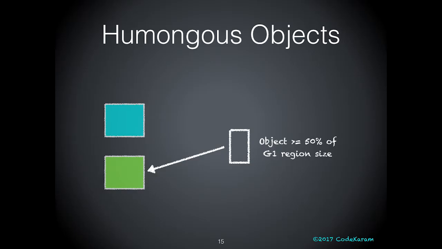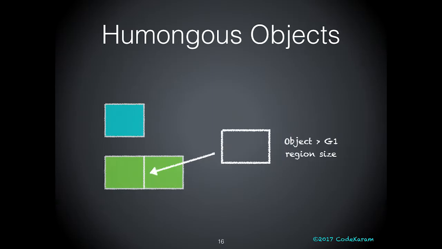So humongous objects are allocated directly into the old generation. And the third one is greater than G1 region size itself, so it'll need 2 contiguous regions. Again, it is out of the old generation. They are still called humongous regions, but they're contiguous, okay? And we'll see examples as we go along.